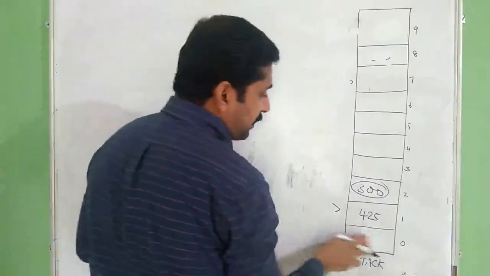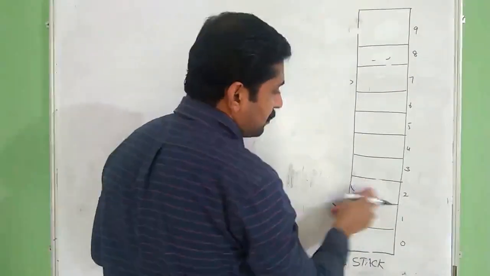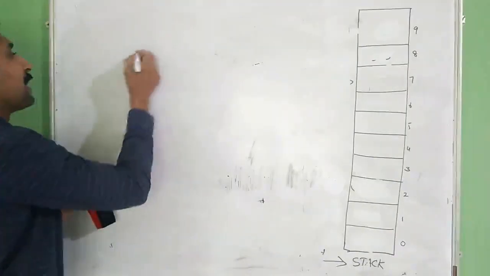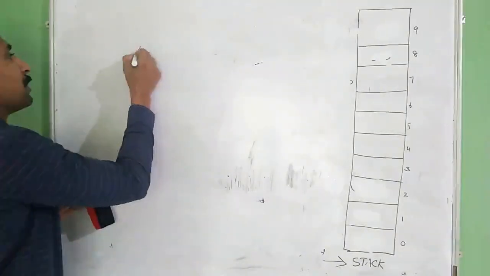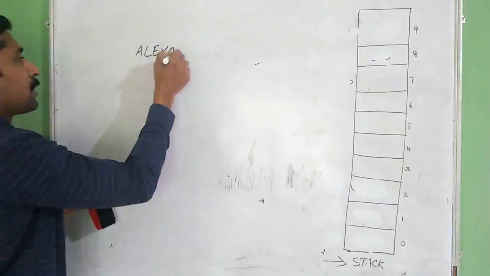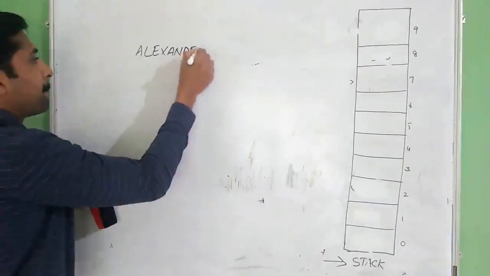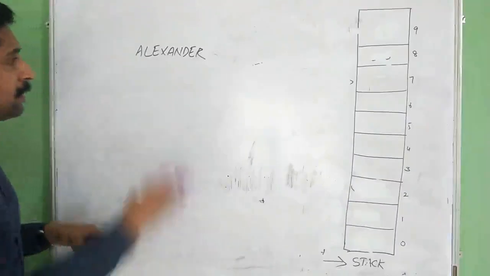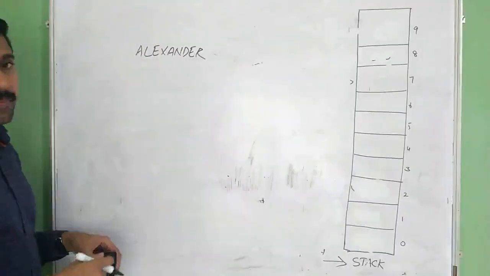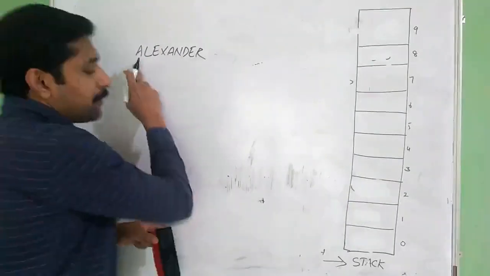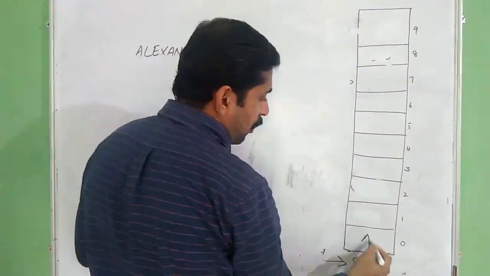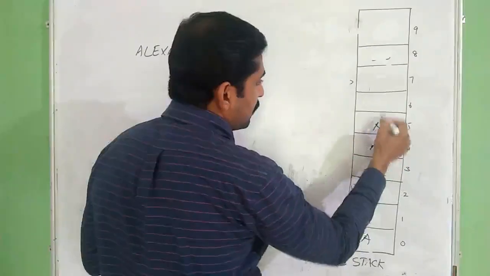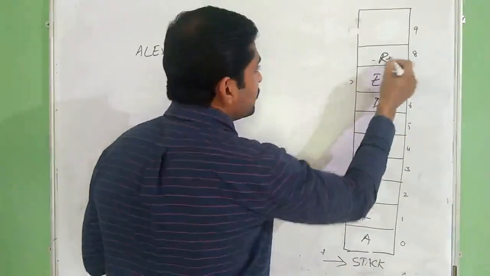Another application is reversing a string. Suppose this is a character stack. Suppose we have a word like this, Alexander, 1, 2, 3, 4, 5, 6, 7, 8, 9. Suppose we want to reverse this string. What can we do? We can push all the characters, A, L, E, X, like this.